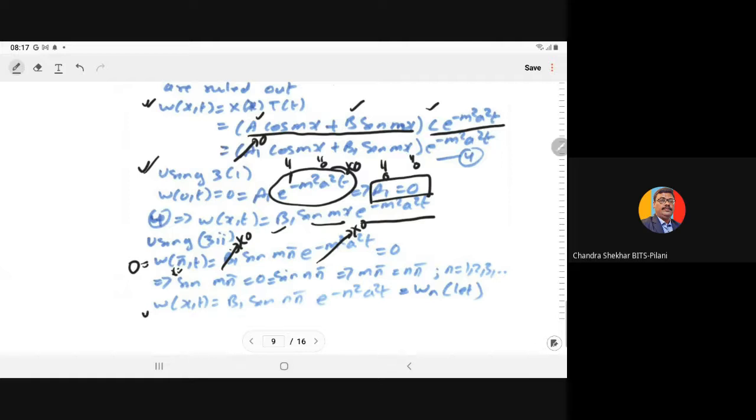So your w(x) becomes b1 sin n pi, in place of m, e to the power minus n square a square t.